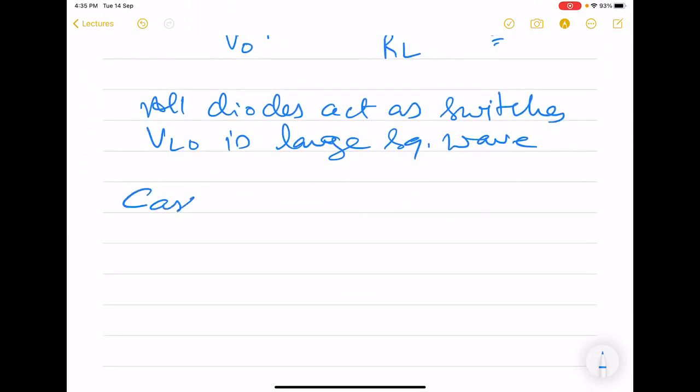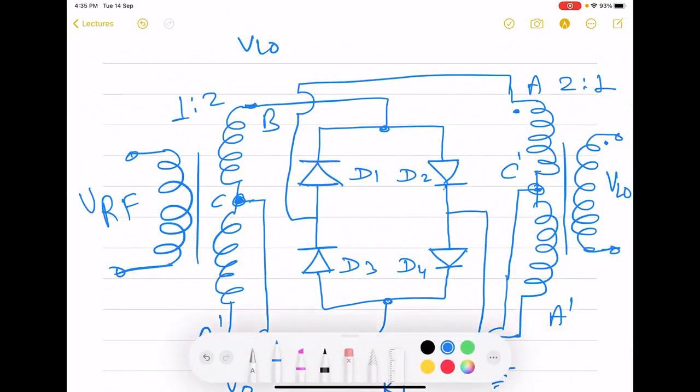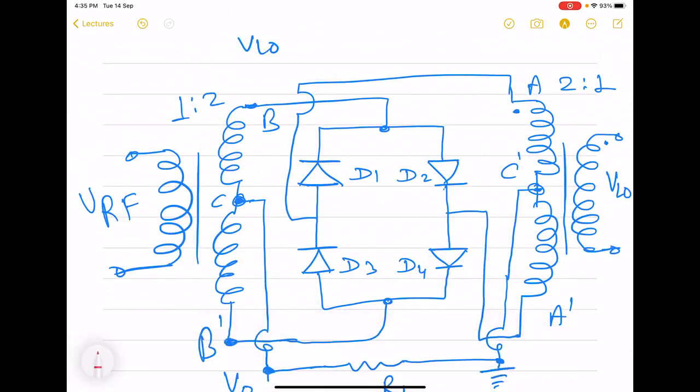So first we consider case 1, VLO to be high. Now let us see what will happen to these diodes in terms of their on or forward bias or reverse bias status. VLO is high, that means this is the polarity.